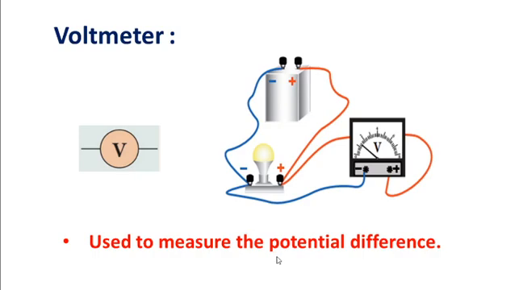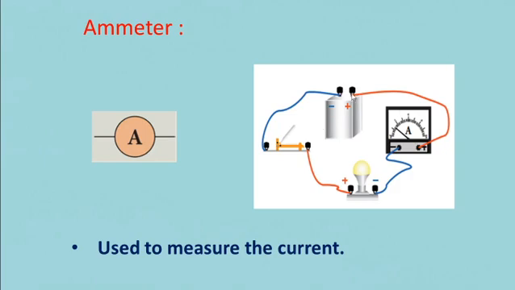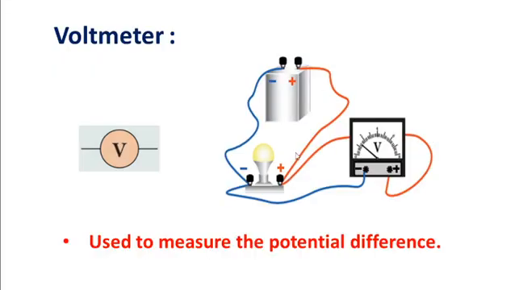To measure the potential difference across a component in a circuit, the voltmeter must be connected in parallel. You see, in the before one, the ammeter, it is a series connection. So here we take a continuous connection, that is the series connection. But in the next one, it is a parallel connection.